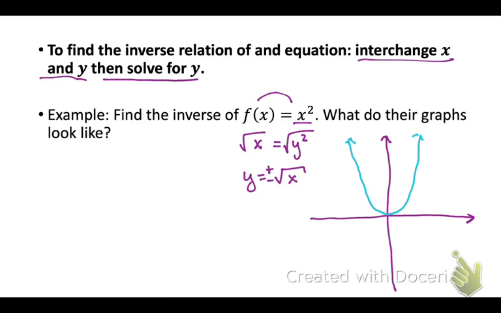We've graphed that. Half of a parabola, right? But on its side. So the positive would look like this. Well, what would the negative do? Reflected across the x-axis, wouldn't it? So it would look like what?